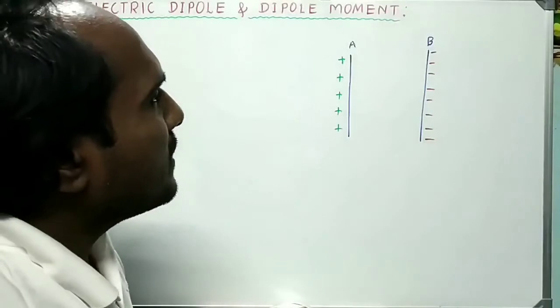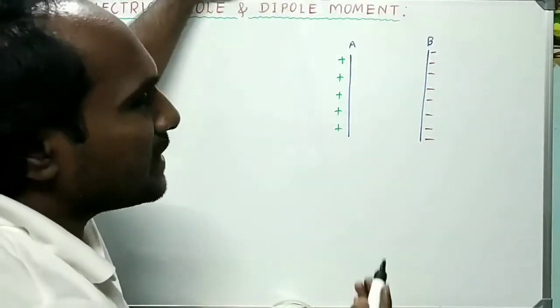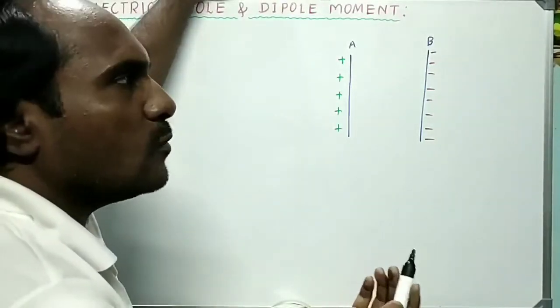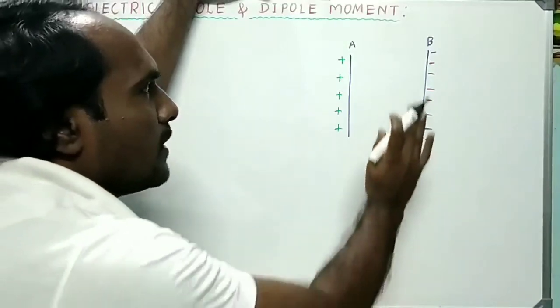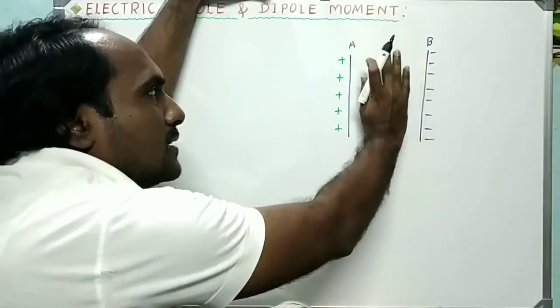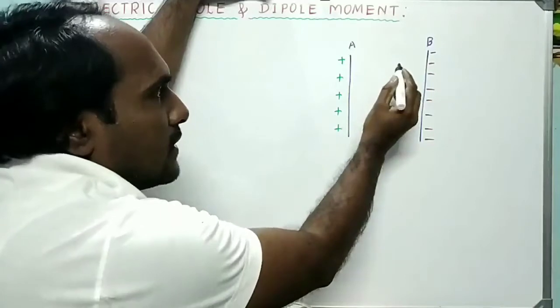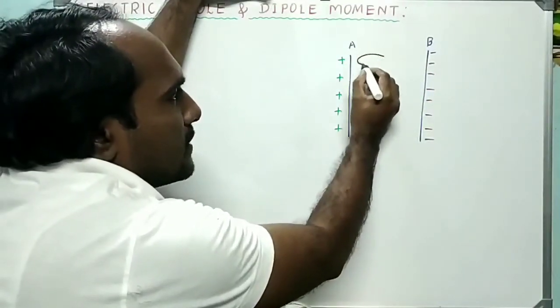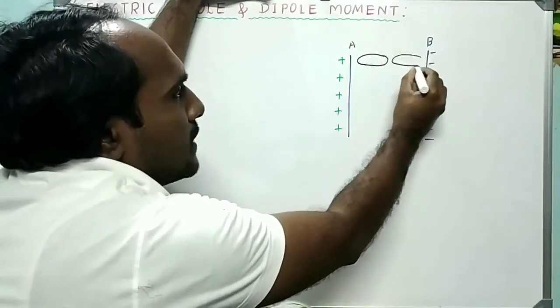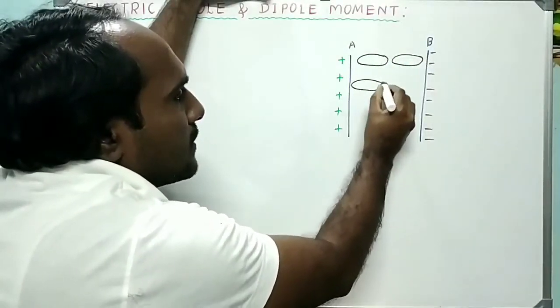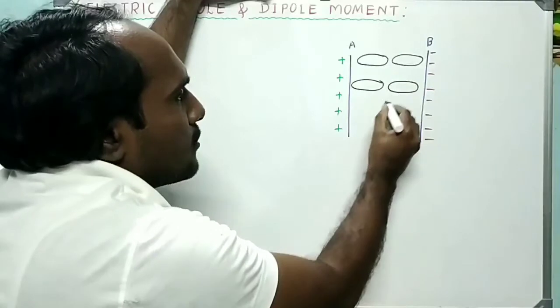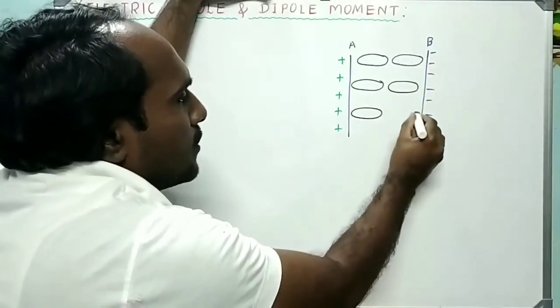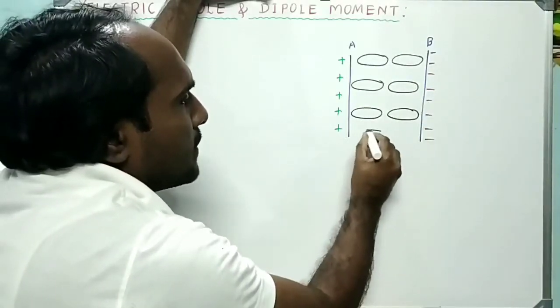We know that this medium contains either atoms or molecules. Whatever medium I have placed between A and B, it contains a number of molecules, and these are the molecules of the medium placed between A and B.